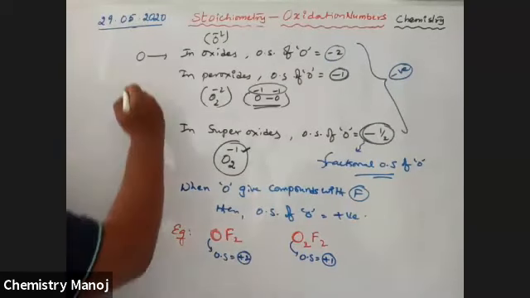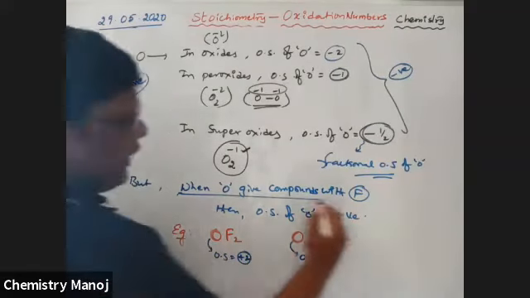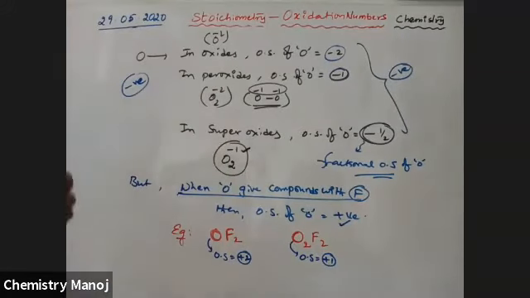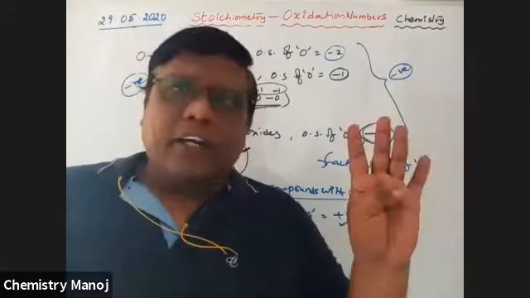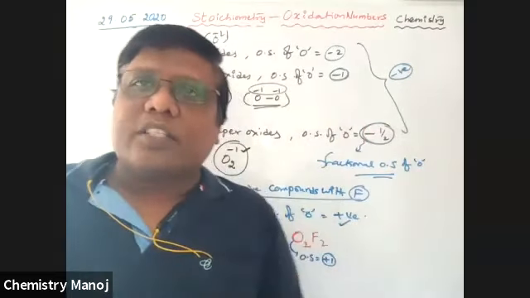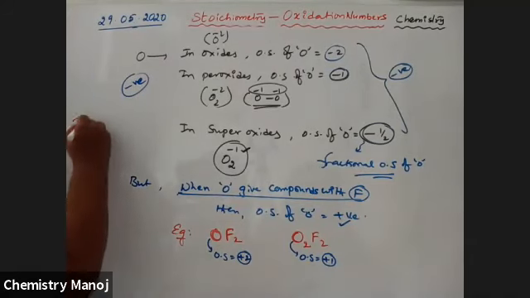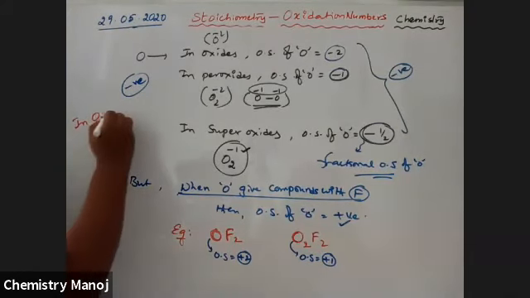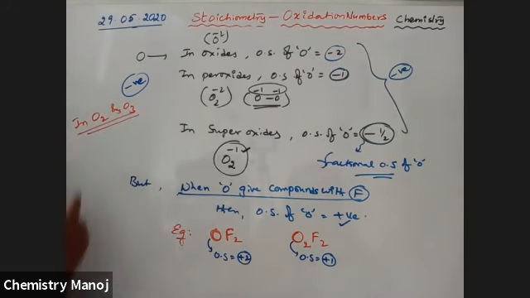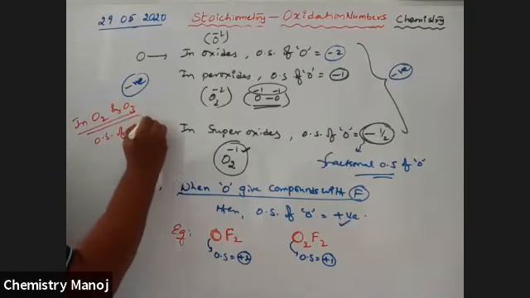This is about oxygen cases. So oxygen, in most cases negative, but with fluorine it is positive. So oxygen exhibits negative oxidation state, positive oxidation state, and also zero oxidation state. See here, in O2 and O3, oxygen and ozone, the oxidation state of oxygen is equal to 0.